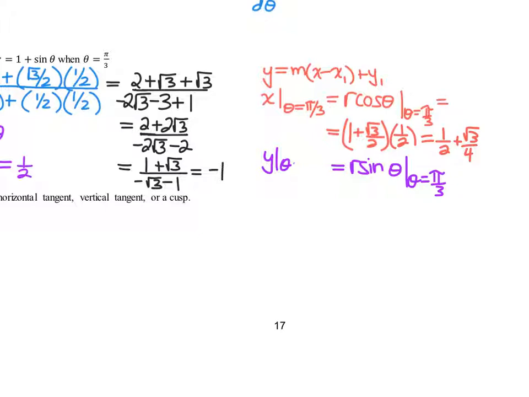My angle looked a little big. I'm changing it. Poor quality pi over 3. All right, so this would be 1 plus the square root of 3 over 2 times root 3 over 2, which would be root 3 over 2 plus 3/4.